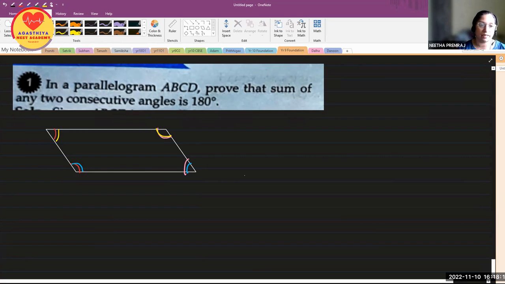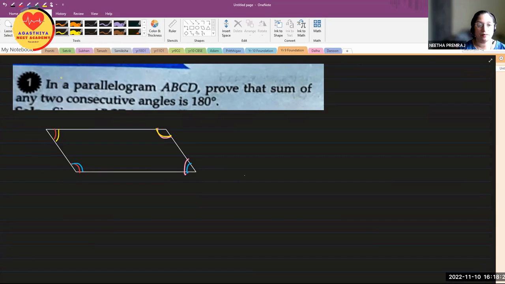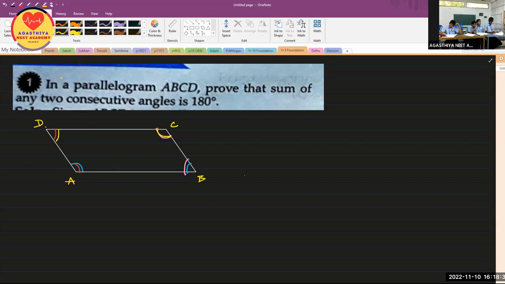Okay, what is the idea? See, tell me. Opposite sides are equal. That is okay. Opposite angles are equal, isn't it?